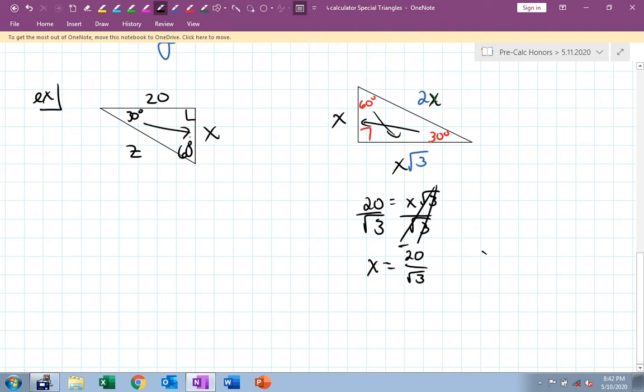That means opposite 30 degrees is x. X is 20 over root 3. The hypotenuse is always 2 times whatever the smallest side is. So I got to do 2 times 20 over root 3 or 40 over root 3. And that's your answer.